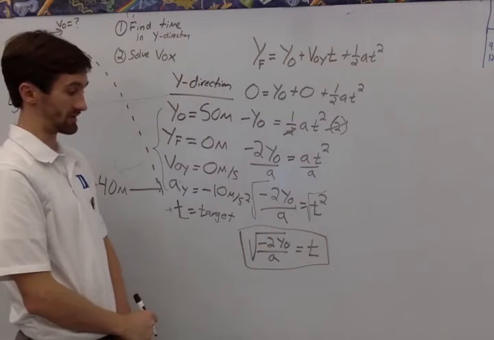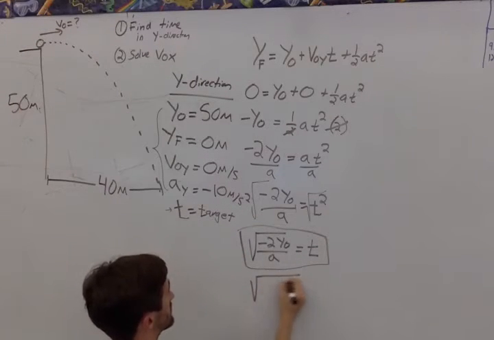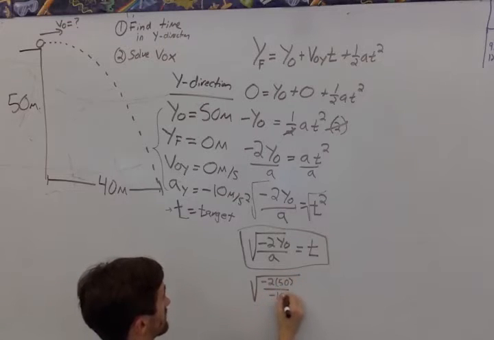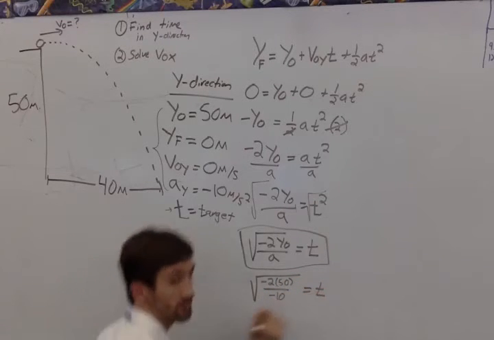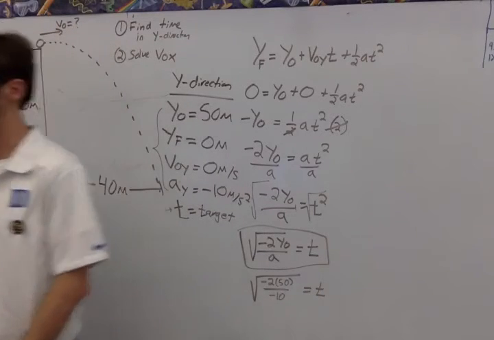And then I'm going to plug in the math, and I'm going to see that the square root of negative 2 times 50 all over negative 10 equals time. And let's see.